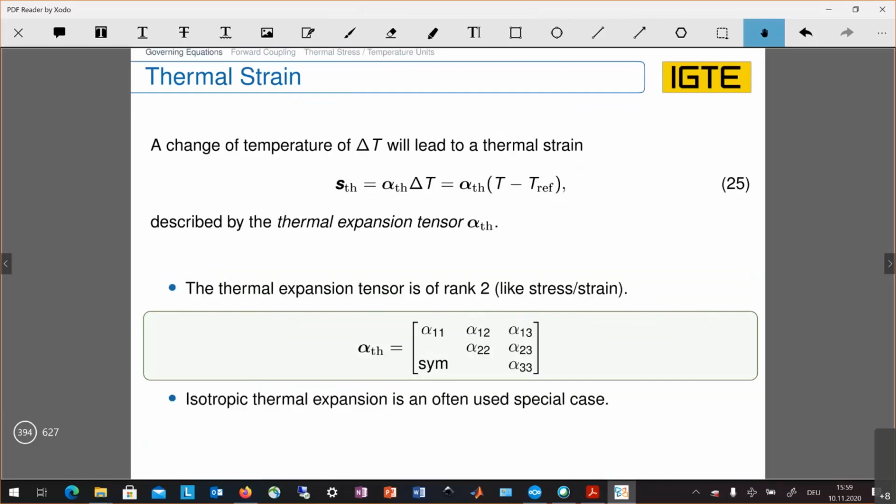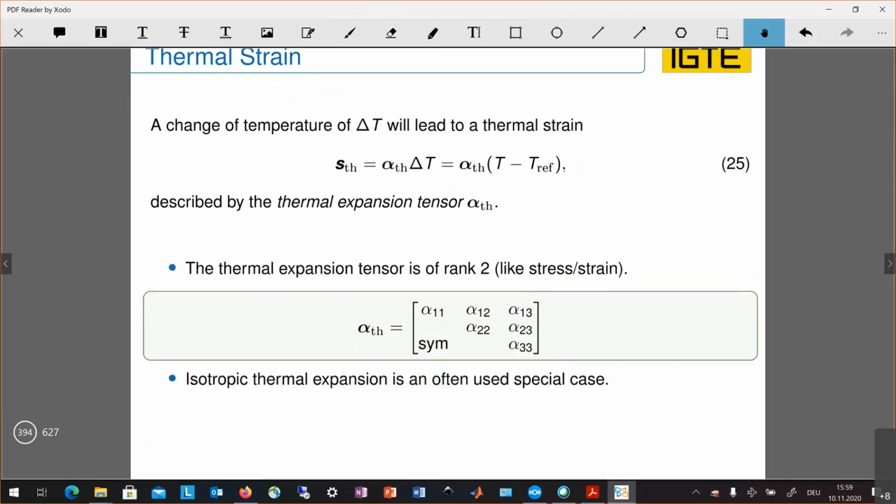Okay, and even for most cases, it is isotropic, so the alphas here are really the same for all three directions.